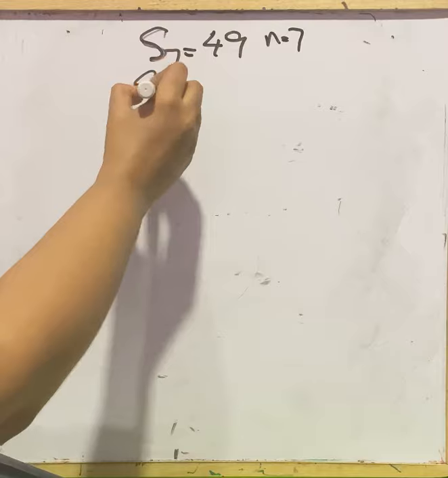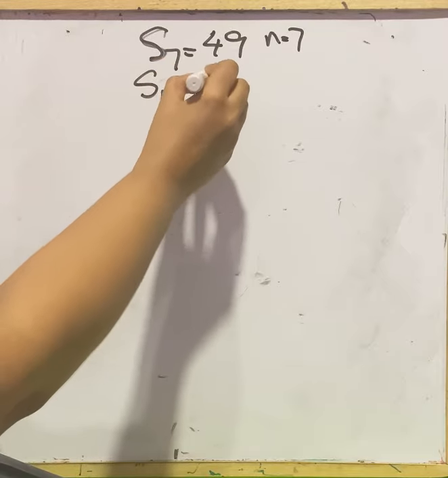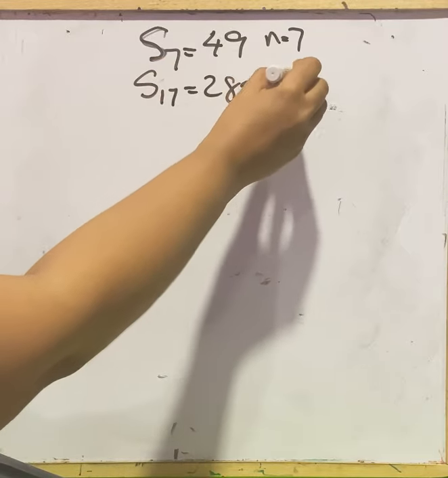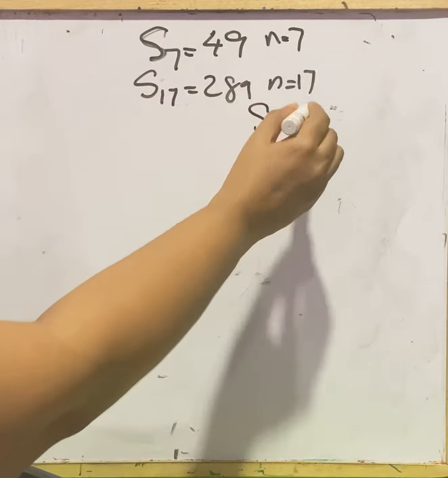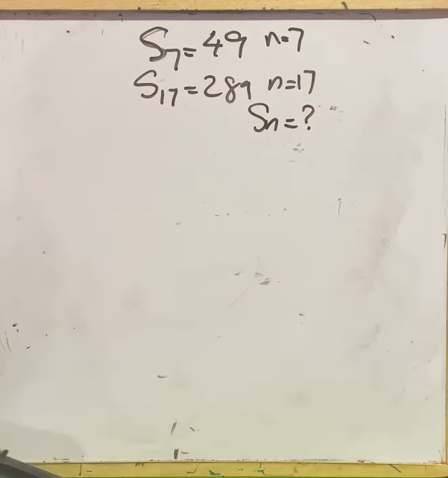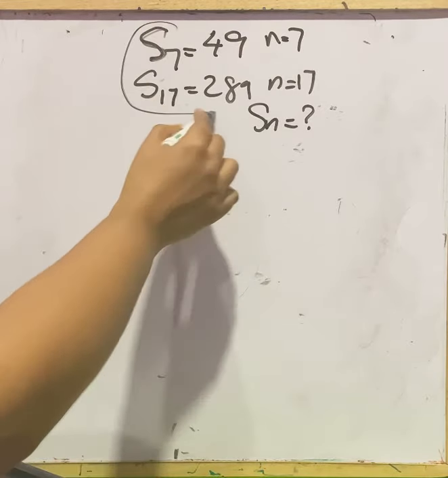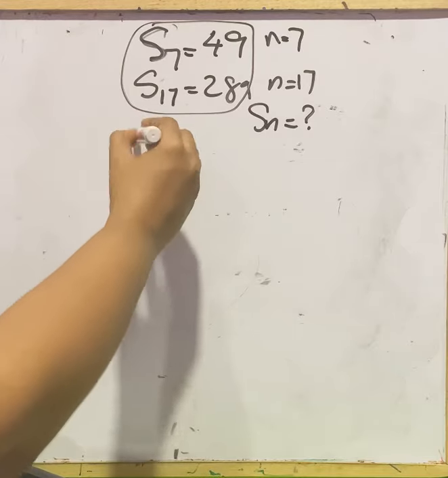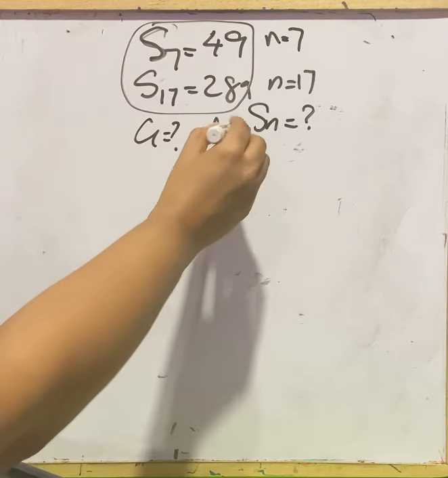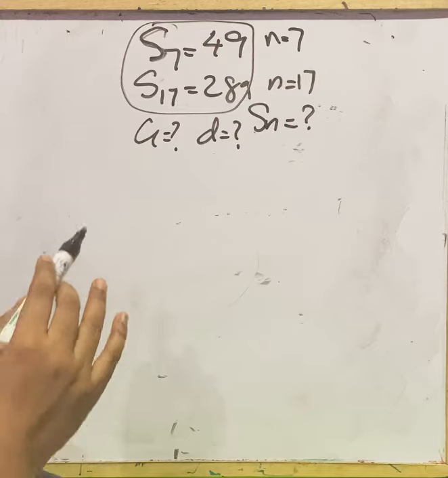Next, S17 equal to 289. Here n is 17. Next we have to find Sn. Before that, to get Sn, we need the value of A and also we want to know the difference. So, from these two given facts, we are going to find A and D. Then only we can find Sn, that is the sum.